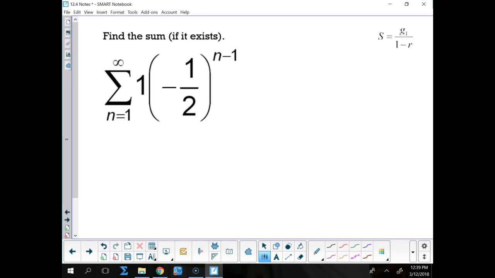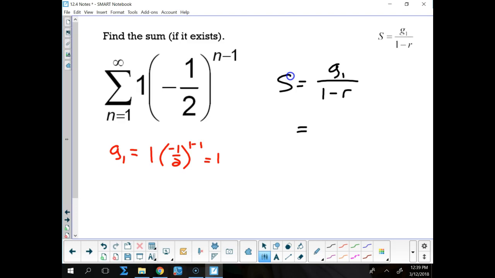So the sum is going to be my first term divided by 1 minus R. What is my first term? And we said R was -1/2.